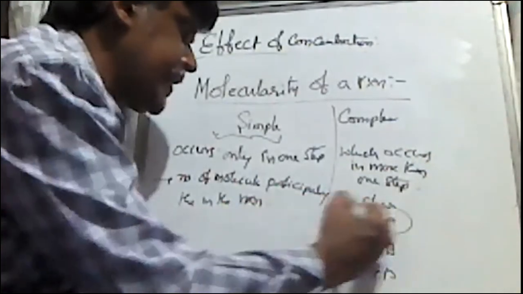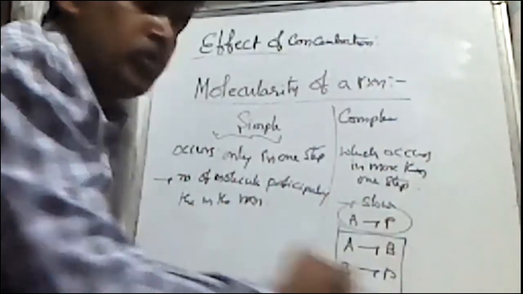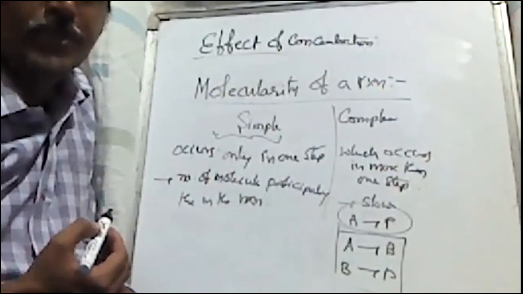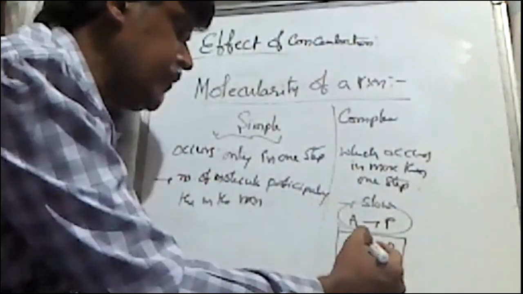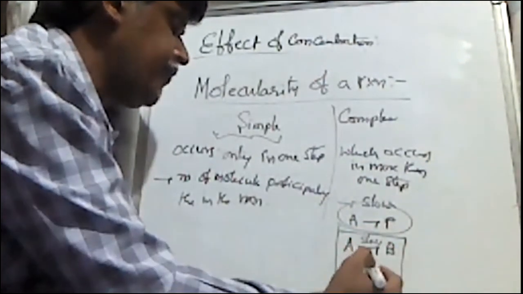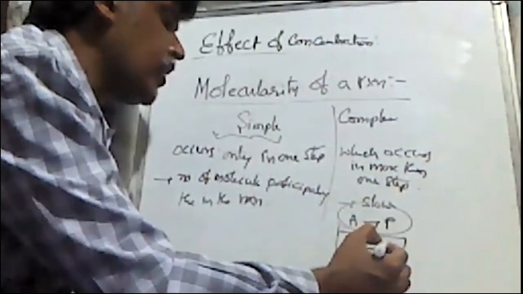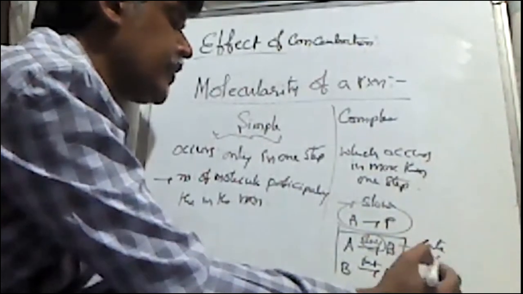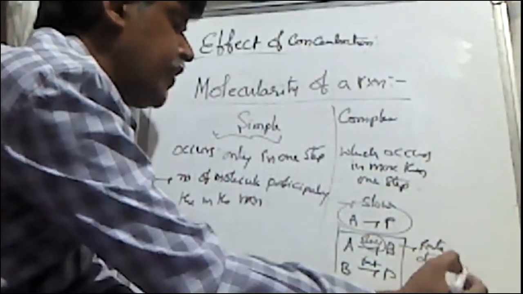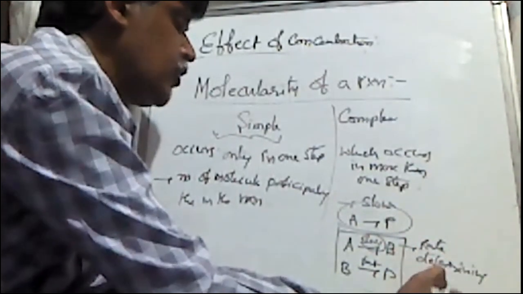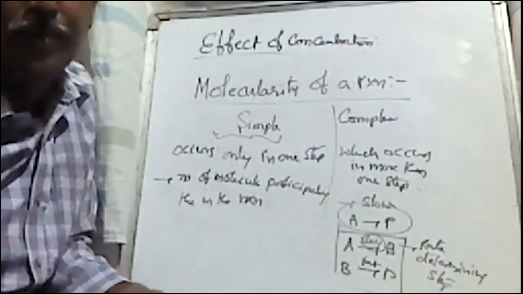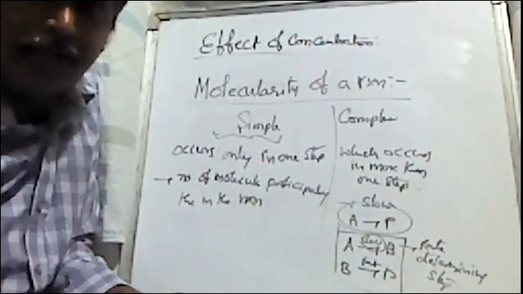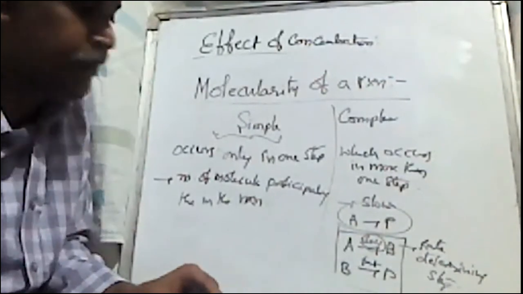You see, this is the direct reaction, but it occurs in two steps. Suppose this is the slow step and this is the fast step. The slow step we call the rate determining step.